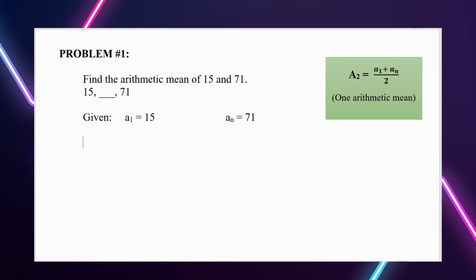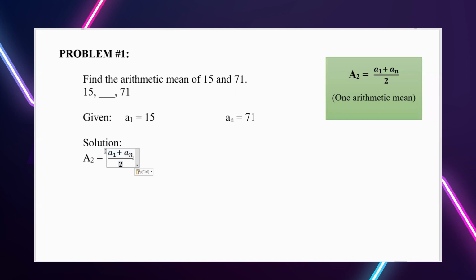Dahil isa lamang arithmetic mean na hinahanap sa pagitan ng 15 and 71, therefore, gagamitin natin ang formula na a sub 2 is equal to a sub 1 plus a sub n all over 2.